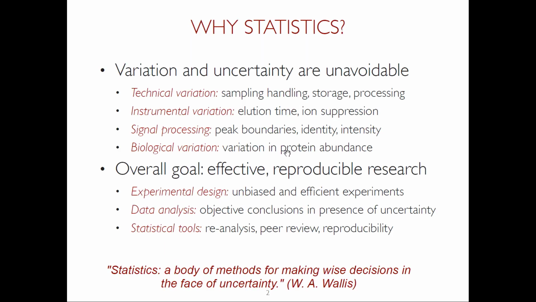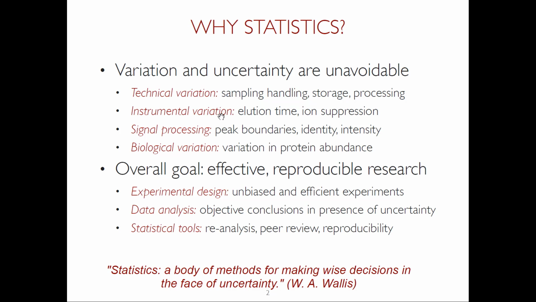Okay. So the first thing, why do we need to have a whole afternoon on talking about statistics? Well, the point is that in the type of experiments we talk about here, the variation and uncertainty are the hallmarks of the studies. And this can come from multiple sources. We can have technical variation, for example, how the samples are stored, processed, and so on.